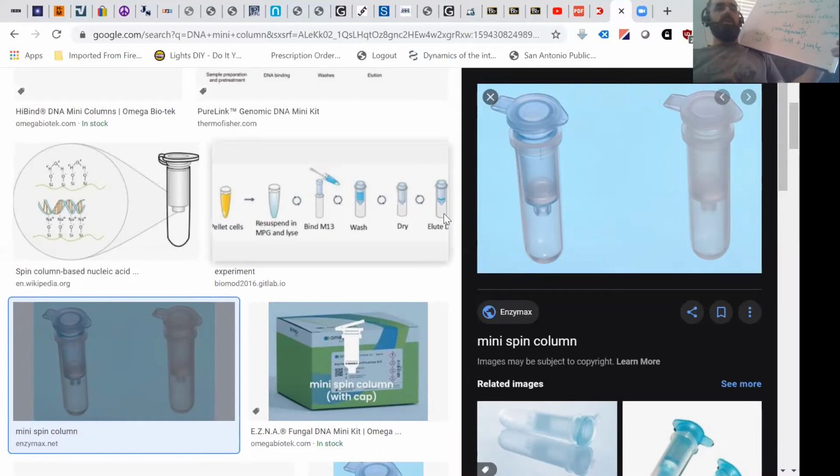Like the old school way of doing this would be to precipitate the DNA out of the solution, right? So essentially you would add, typically, isopropanol as the alcohol of choice, which DNA is not soluble in, because DNA is highly polar and alcohol is only a little bit polar.